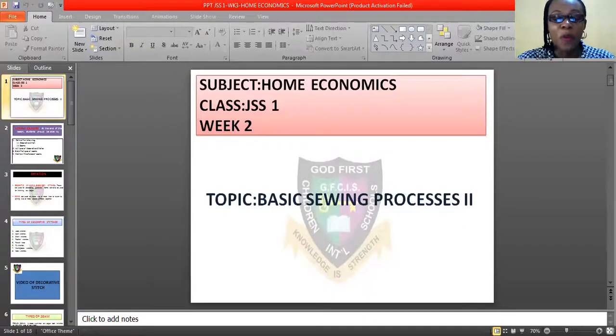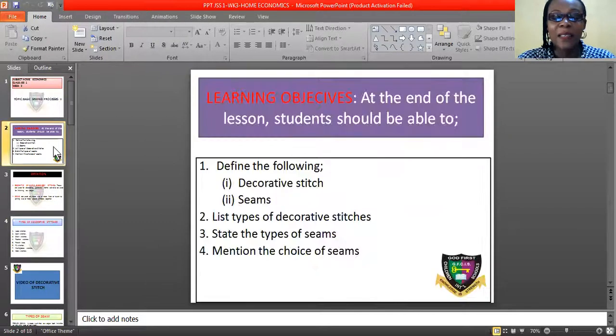All right? Now, our topic today, as I said, is Basic Sewing Processes 2. This is the topic of today, as you can see. Let us look at the objective of this topic.